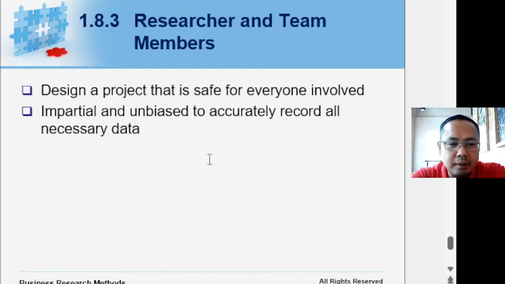This is about ethics and how we make sure our research findings have credibility, and no one can accuse or question our findings.